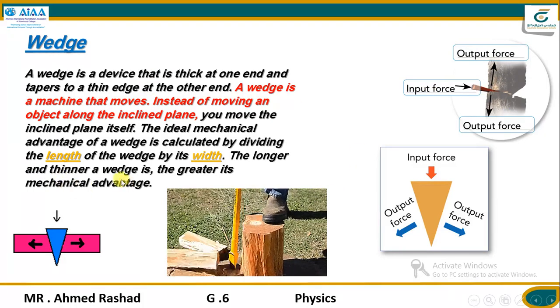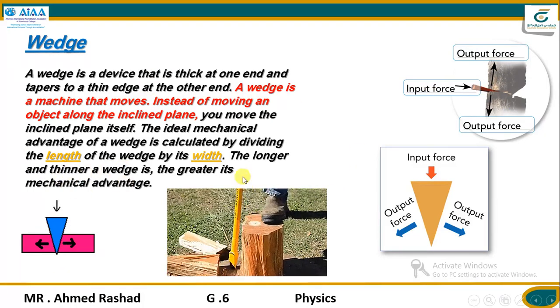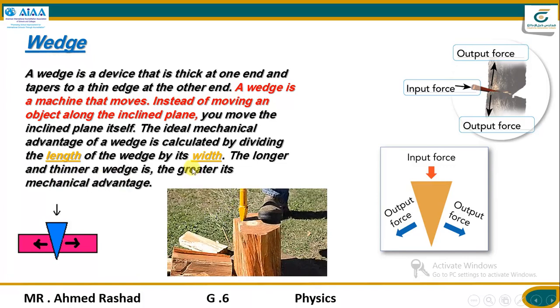The mechanical advantage can be calculated from the length of the wedge and how wide the wedge is. Now all of you understand example number 2 of simple machines in the inclined plane family: the wedge, any device helping you to separate something into two pieces. Here are the input force and the output force, and the wedge is made up of thin and thick sides.